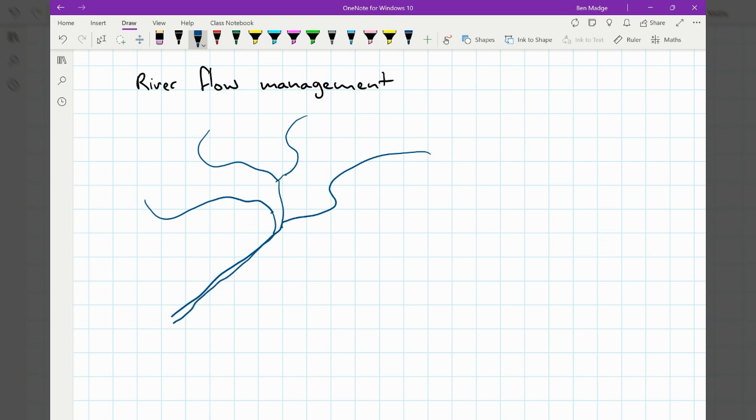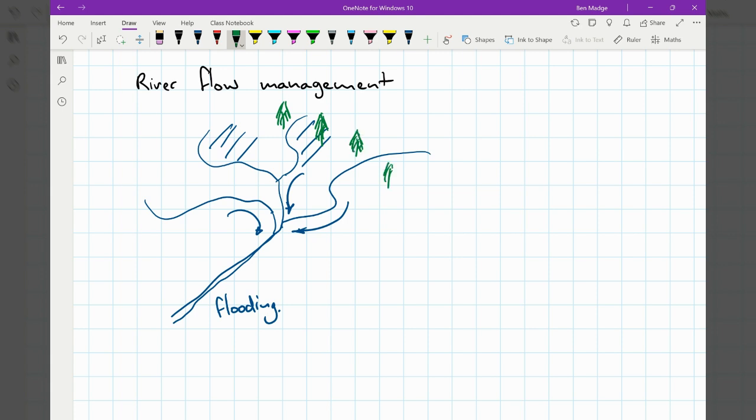Okay, if we can somehow keep water up in the upper reaches, up here, rather than allowing it to escape downstream quickly, this means that we reduce flooding downstream. So to do this, we can increase woodlands and afforestation and stuff like that in our upper reaches.